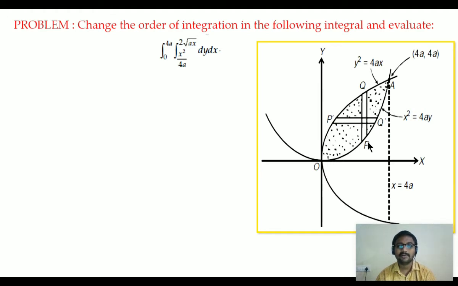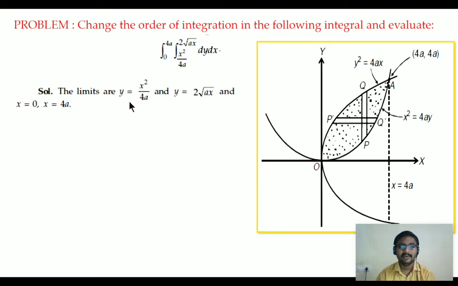So we have drawn the rough sketch in this closed region, and clearly in this closed region x varies from 0 to 4a because one of the ordinates is 0, 0 and another ordinate is 4a comma 0 as a vertex with x-axis, because the line x equal to 4a passes through the point 4a comma 0. So x limits are 0 to 4a.